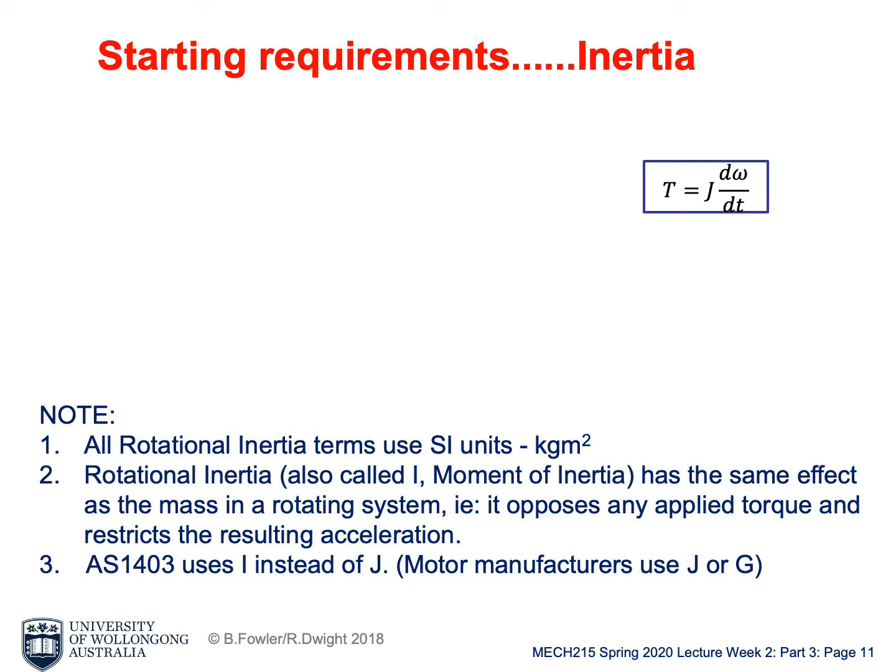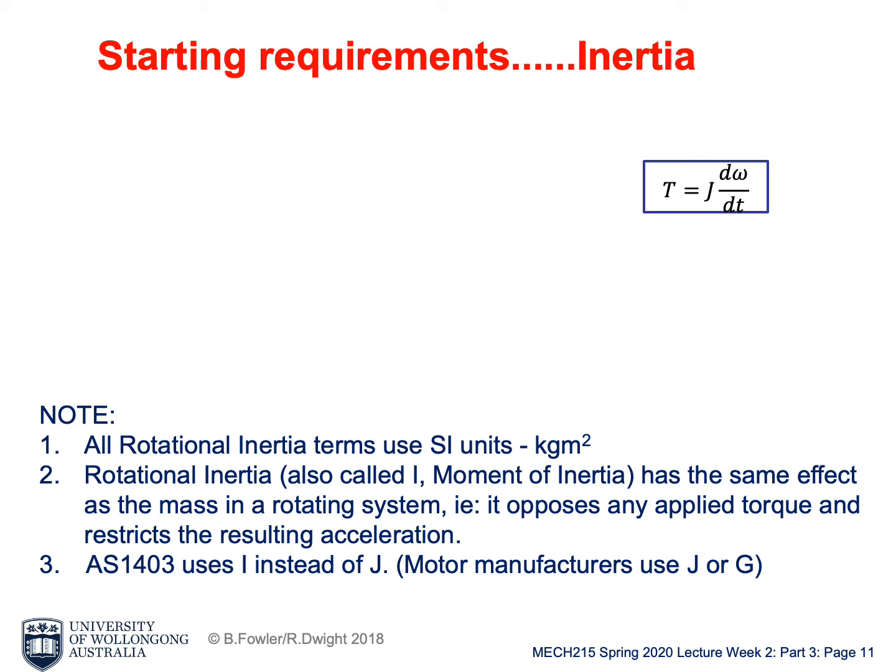That's how fast the rotational speed is changing, so that's rotational acceleration. From this equation, we know that if the available torque is constant, then the larger the inertia, the longer it will take for the system to go from zero speed to the desired speed.